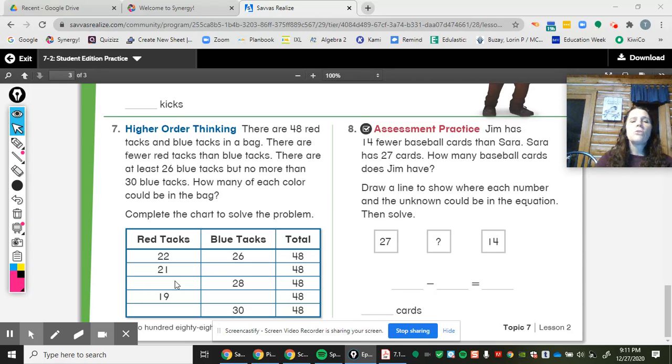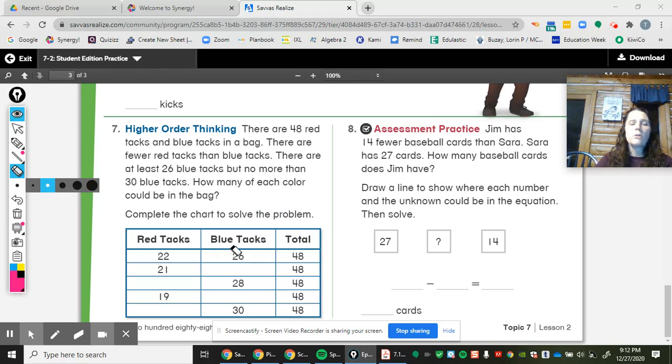Okay, so look guys, look at what you have here. Here's the total. The total is the whole every time. You see that? The total, let me find my eraser here. There we go.